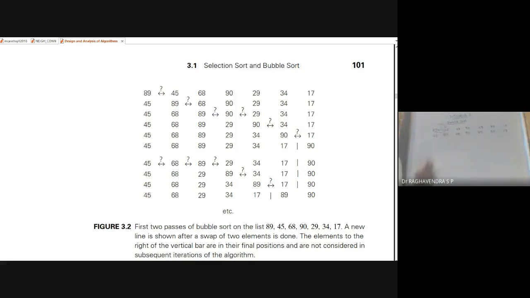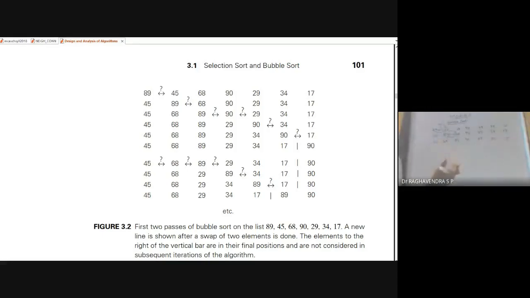Now you move the comparison to the next adjacent element, that is, you compare 89 and 68. If the right-hand element is lower and the left-hand element is higher, once again we swap them. So now it becomes 45, 68, 89, 90, 29, 34, 70.